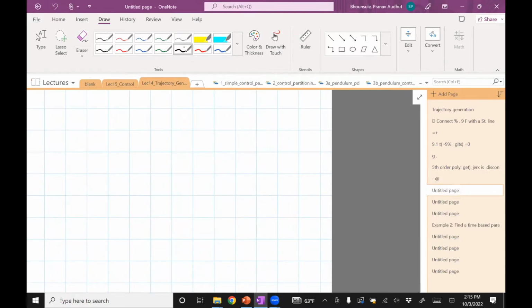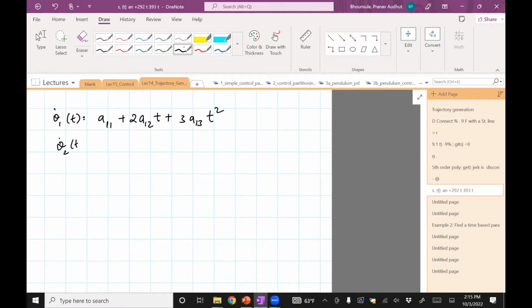It's usually helpful if we can write down theta 1 dot of t, which will be a11 plus 2 times a12 t plus 3 times a13 t squared.